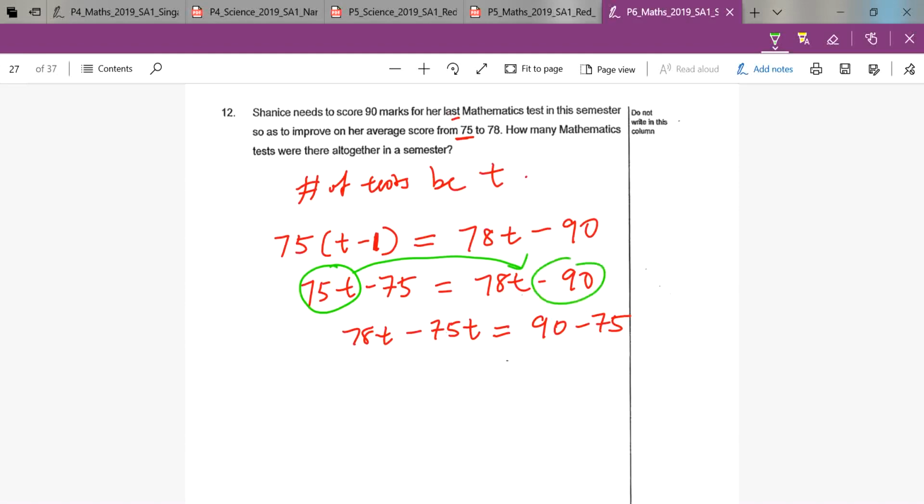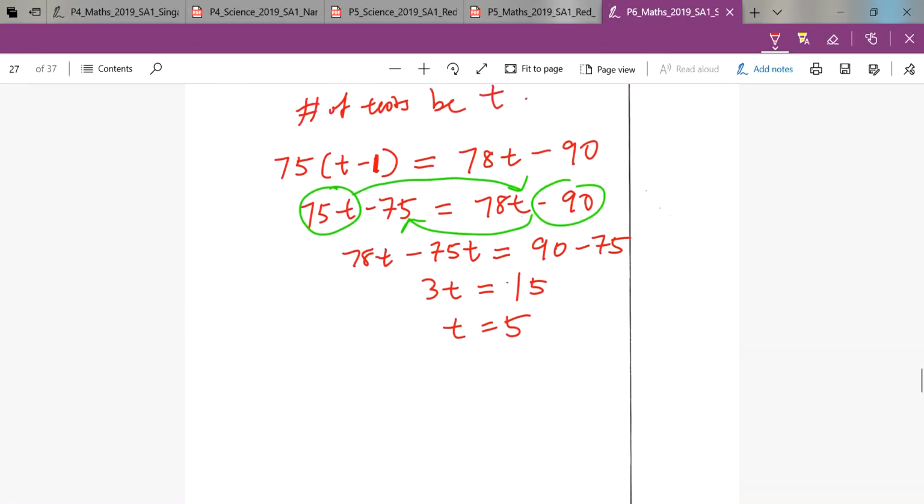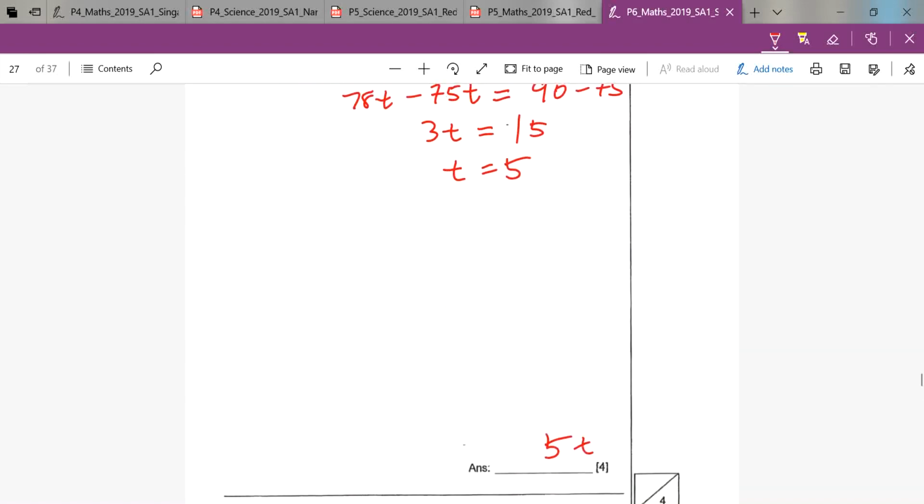This one you move over, become plus. Okay. I'm just gonna leave it there. So 3T is equals to 25. Oh, sorry, 15. So T is equals to 5. Number of tests are 5, okay? 5 tests.